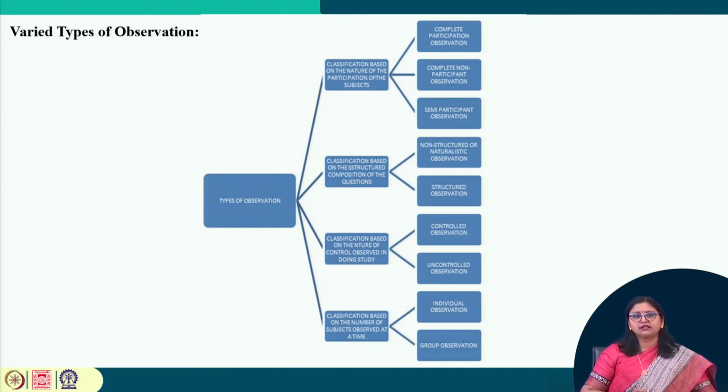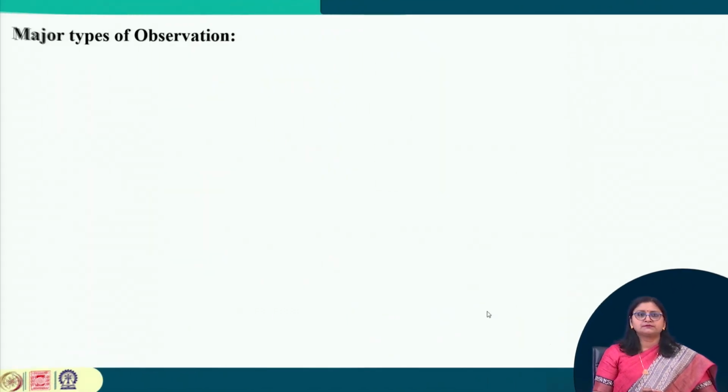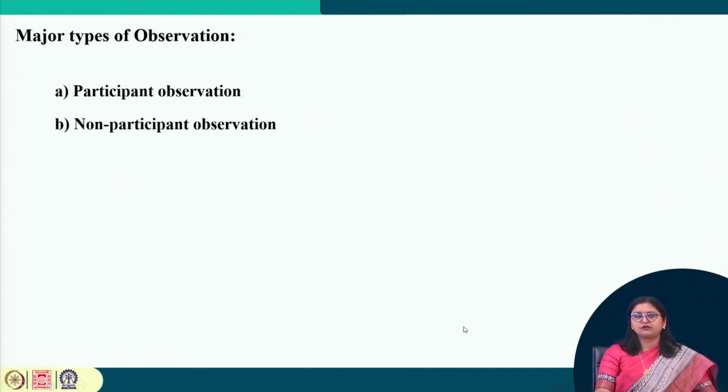And the fourth one is classification based on the number of subjects observed at a time, so individual observation and group observation. These kinds of classifications are available in different books on the basis of different criteria, but basically when we talk about observation, there are mainly two types: participant observation and non-participant observation.